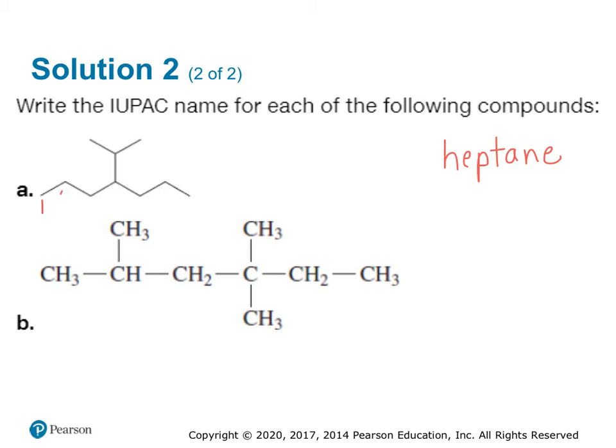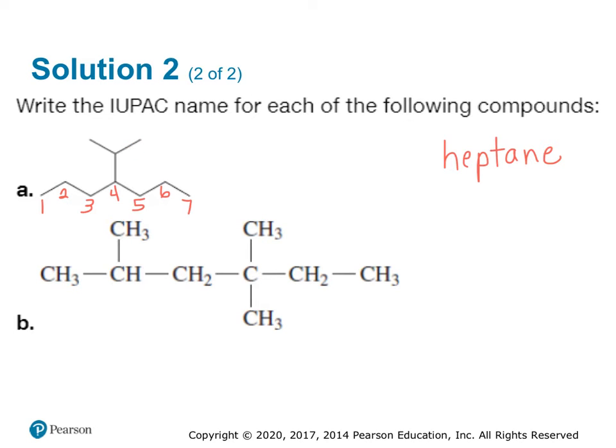Then I'm going to number my carbons. So 1, 2, 3, 4, 5, 6, 7. Doesn't matter which way I number them. If I started on this end and numbered them 1, 2, 3, 4, that substituent group is still going to be at carbon number 4. So here we have a substituent group that has 1, 2, 3 carbons.